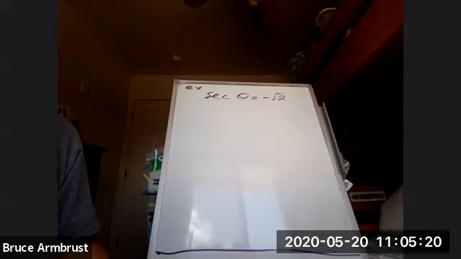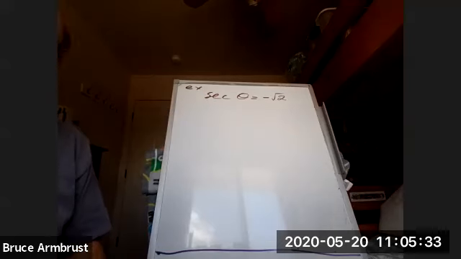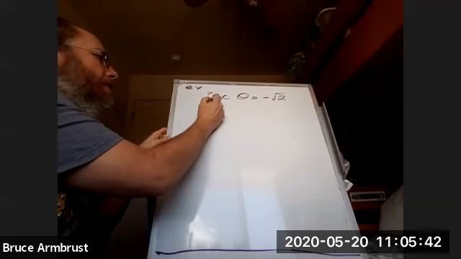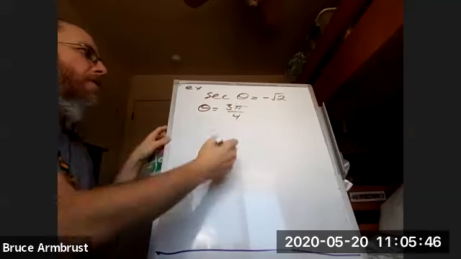All right, so that's easy enough. Let's look at our chart. And remember, what we need to do is find all of the solutions in one period of secant. Secant, of course, has a period of 2 pi. So we're going to look between 0 and 2 pi. So if we look at our chart, go down the secant column, the first one we're going to see is theta equals 3 pi over 4.